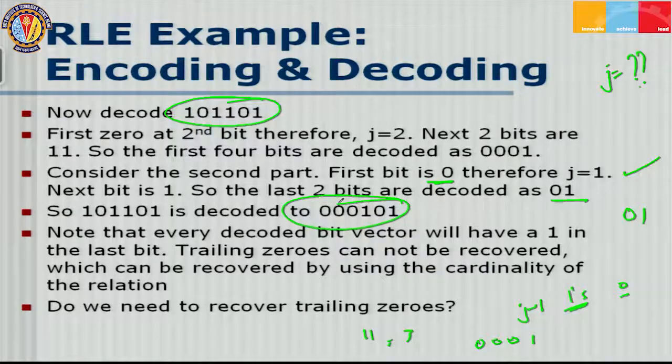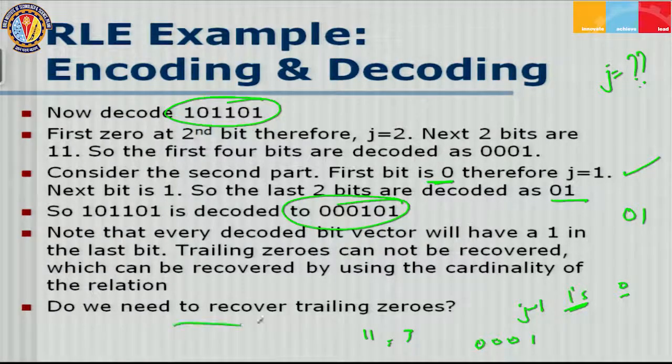So when you decode it like this, you'll note that we'll always have a 1 in the last bit. So trailing zeros cannot be recovered, and if you are particular about recovering the zeros, you can recover them from the cardinality of the table. So suppose this was for a table where there were 12 records, you will append as many zeros as you want.